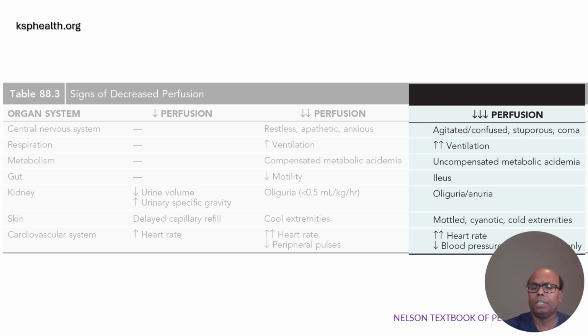These patients tend to have severe tachypnea, uncompensated metabolic acidemia, ileus, oliguria, anuria, and mottled, cyanotic, cold extremities. They tend to have increased heart rate and decreased blood pressure. So we enter into uncompensated shock at this point.